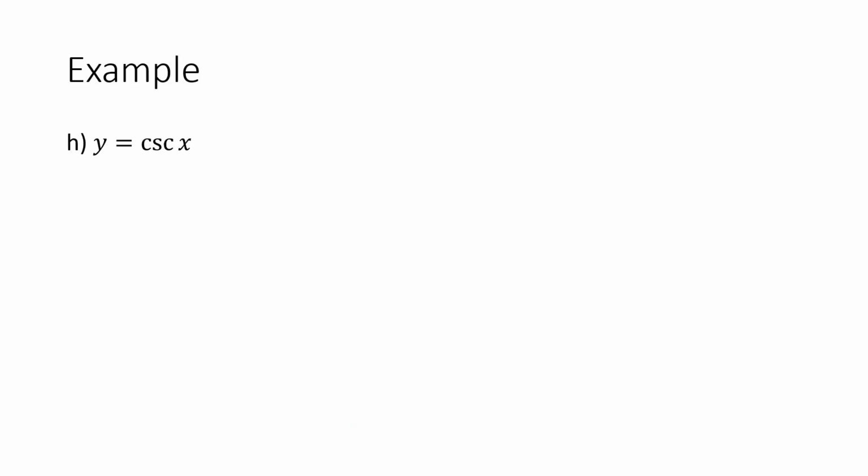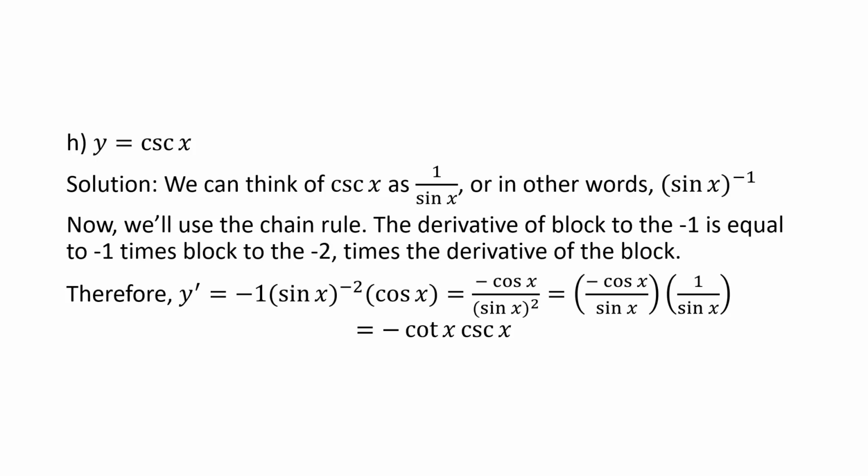For this question, we're dealing with cosecant x. We want to know the derivative of that. So we can begin by simply calling it 1 over cos x, or sorry, 1 over sine x. And when we have that expression, we can think to use the quotient rule, or if we prefer, we can use the chain rule, call it sine x quantity to the exponent negative 1.